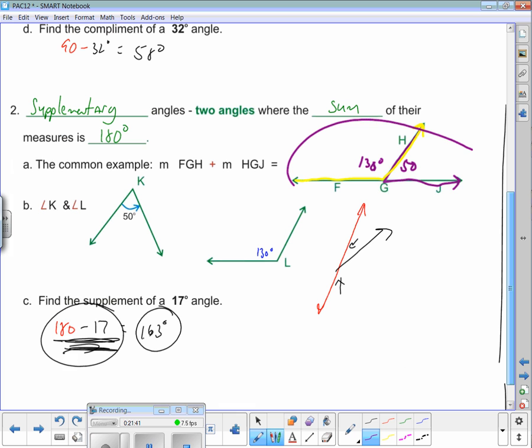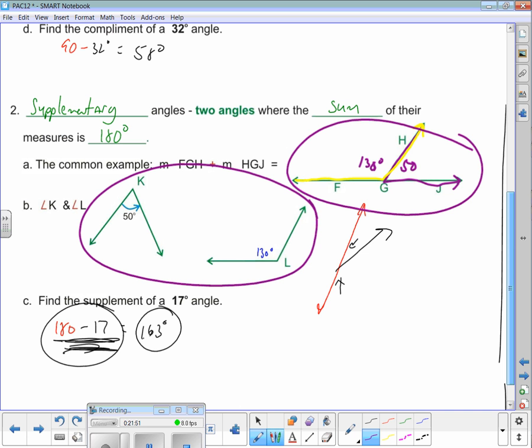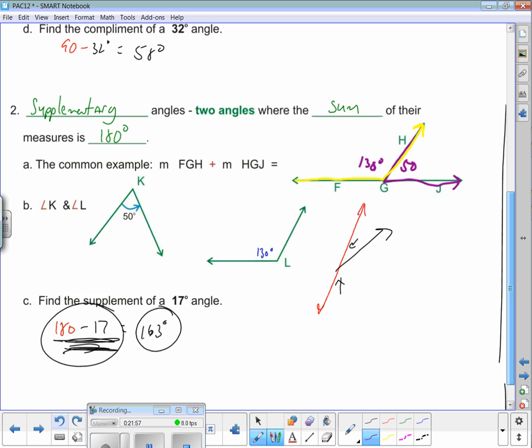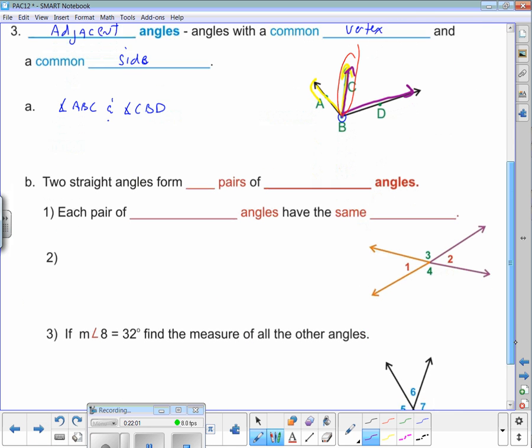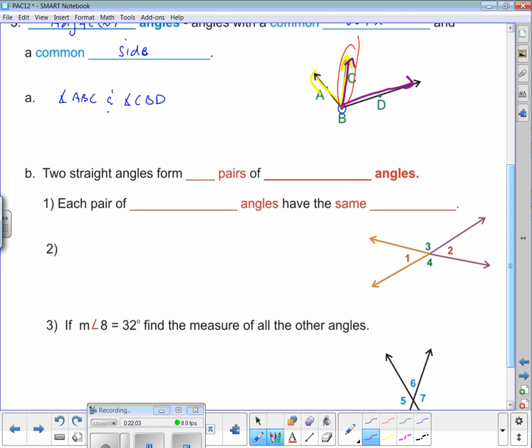Here's the common example of supplementary. Are they adjacent angles? Yes. They share the same vertex and a common ray. Here's supplementaries. Are they adjacent? No. Okay. So adjacent angles, you'll see them a lot, and you'll see them all over the place.